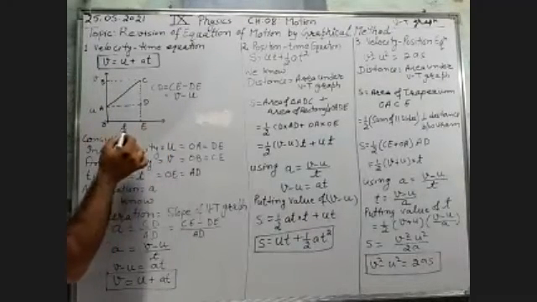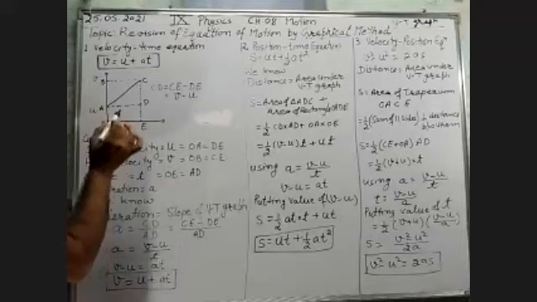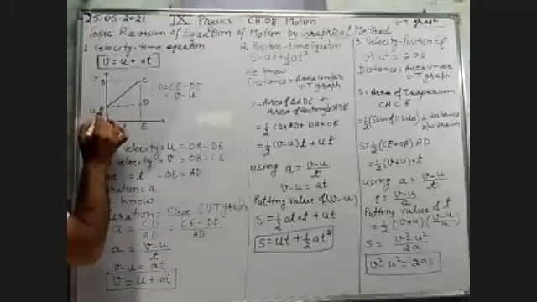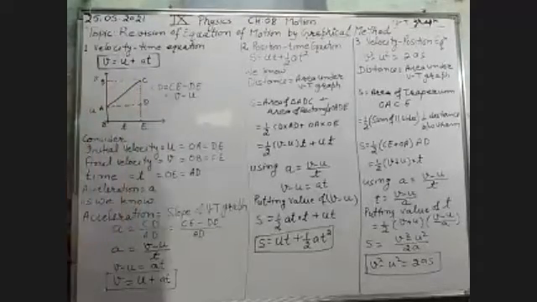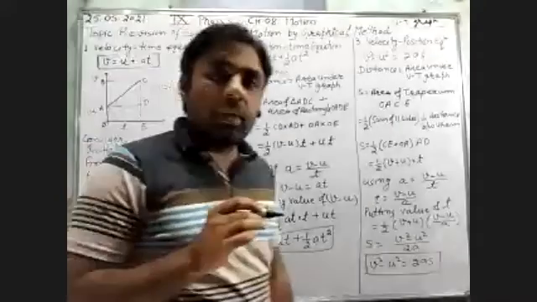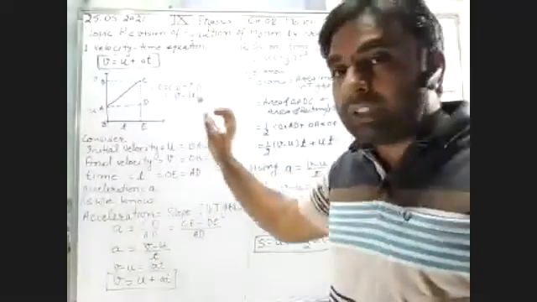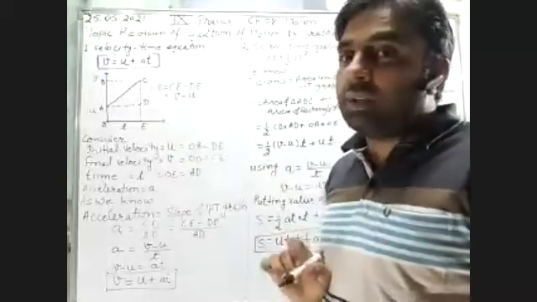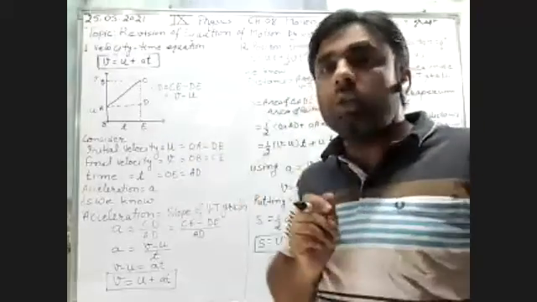On the x-axis we are taking time, on the y-axis we are taking velocity, and the object is moving with initial velocity u. After some time, its velocity will be v. This is a graph for uniform accelerated motion. For uniform acceleration we discussed two types of graph.